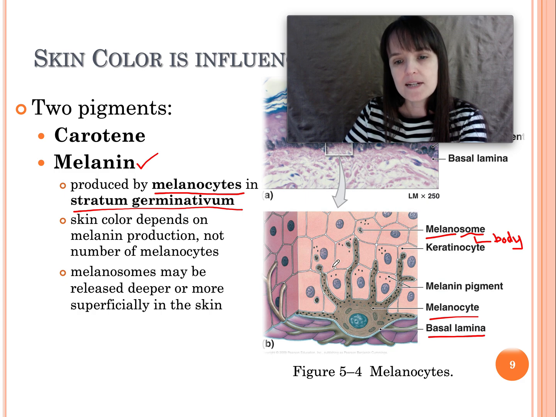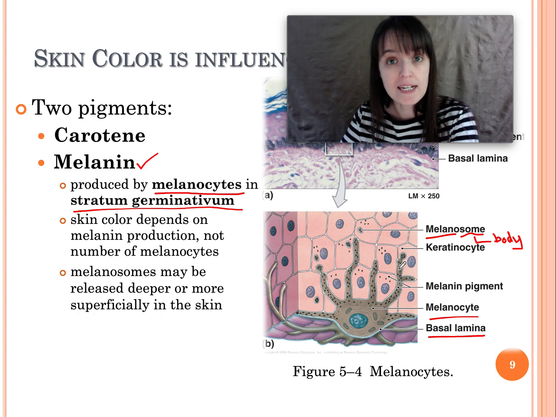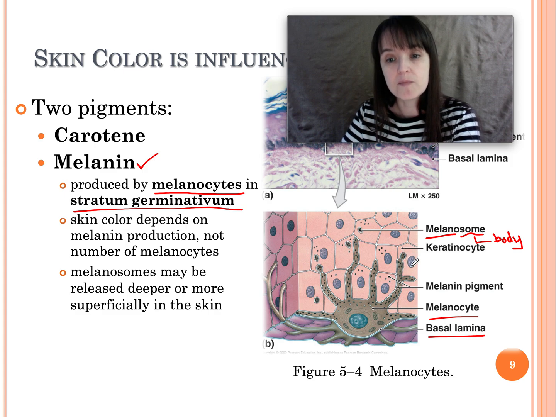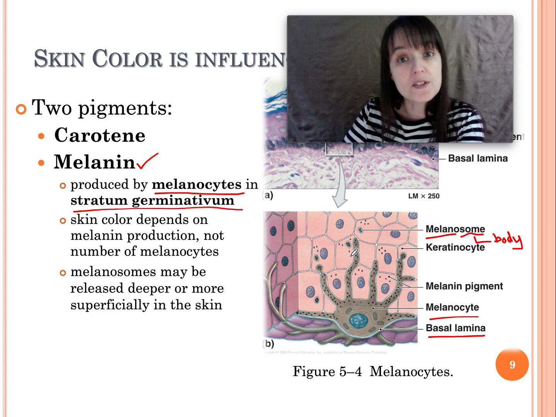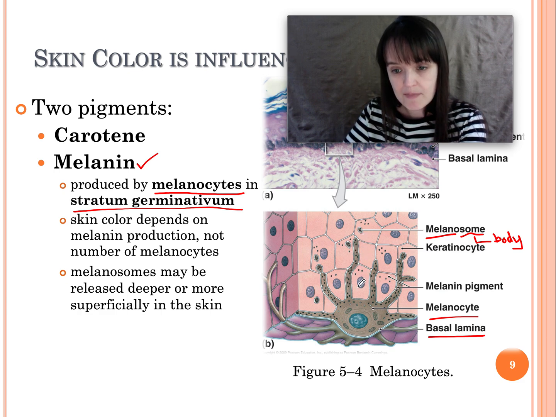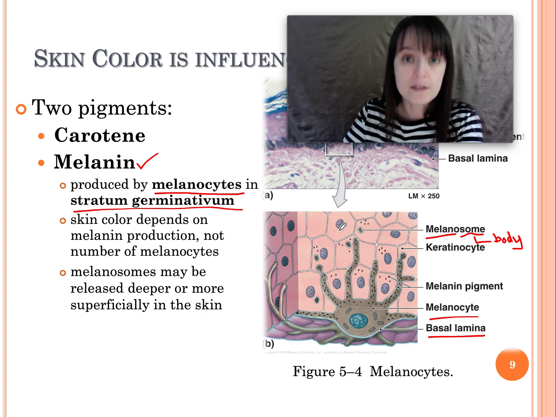So when the melanosomes are released in the deeper layers of the skin, they tend to be broken down and less of the melanin is visible from the surface. When the melanosomes are released more superficially in the skin, then more of them are intact and visible from the surface.